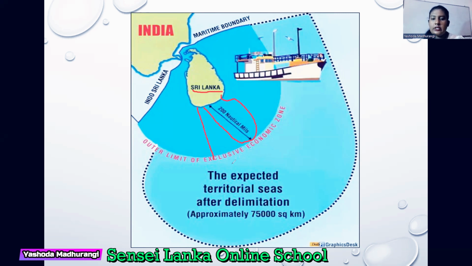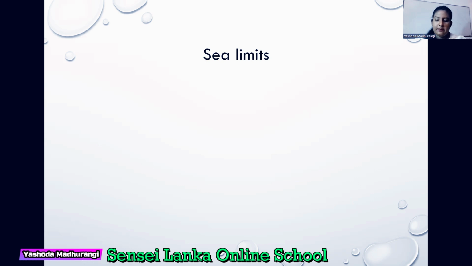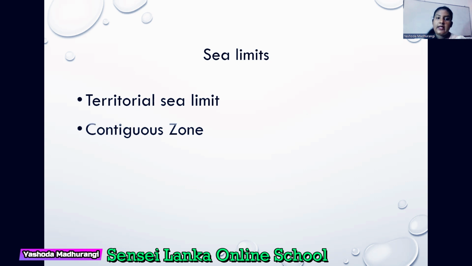Then the outer limit of the exclusive economic zone. I will explain it. Then territorial sea areas are there. This is how the sea limits are defined. Stay with me, I will explain it easily. Sea limits have different names.